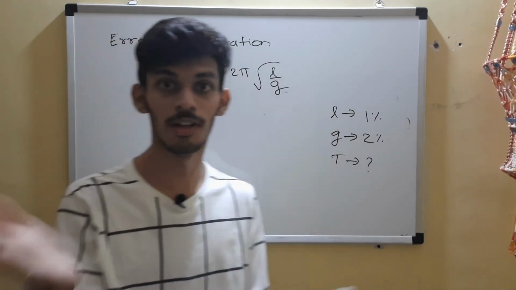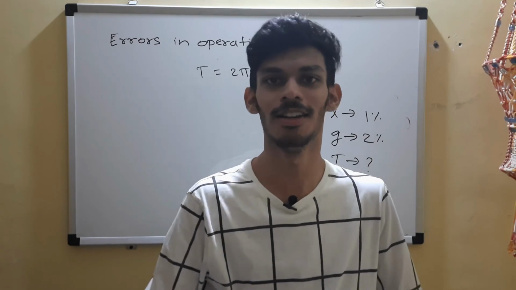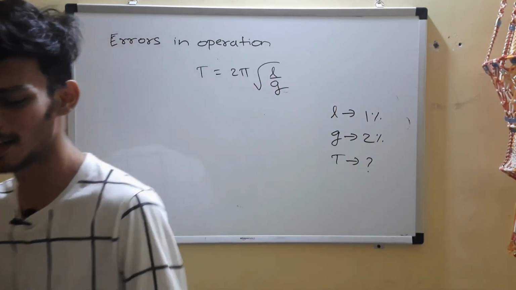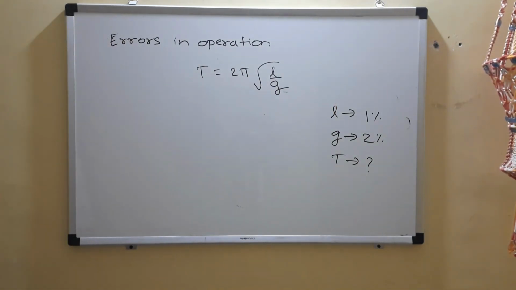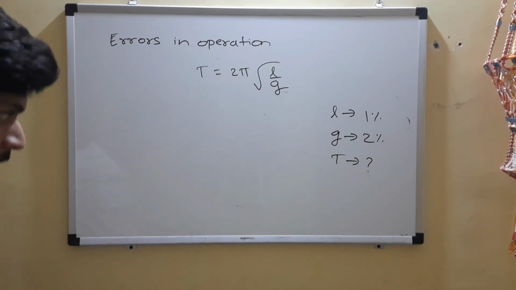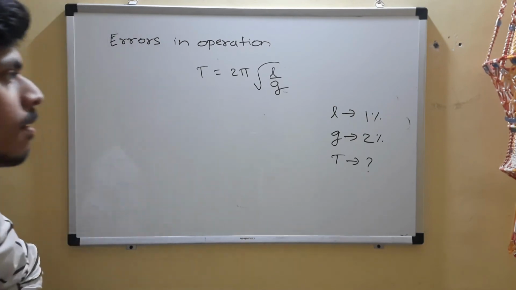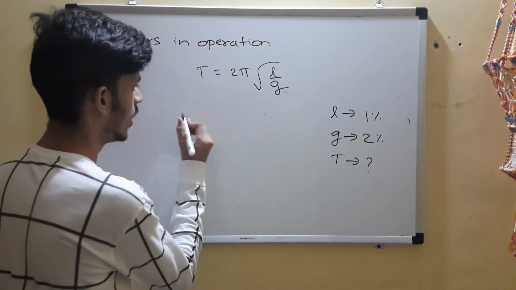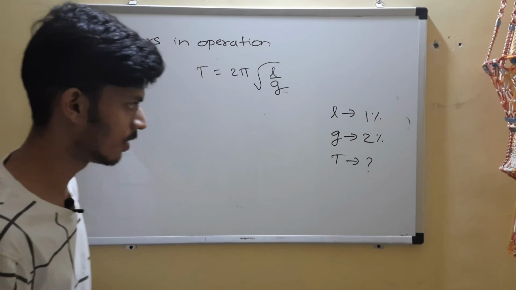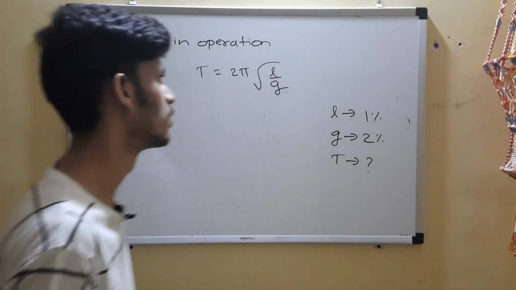So those were relative errors. If you multiply 100, of course it turns into percentage error. So relative and percentage are closely linked. You can always interconvert them. Okay, so let's do this. So you have to find the error in T. So how to do that?